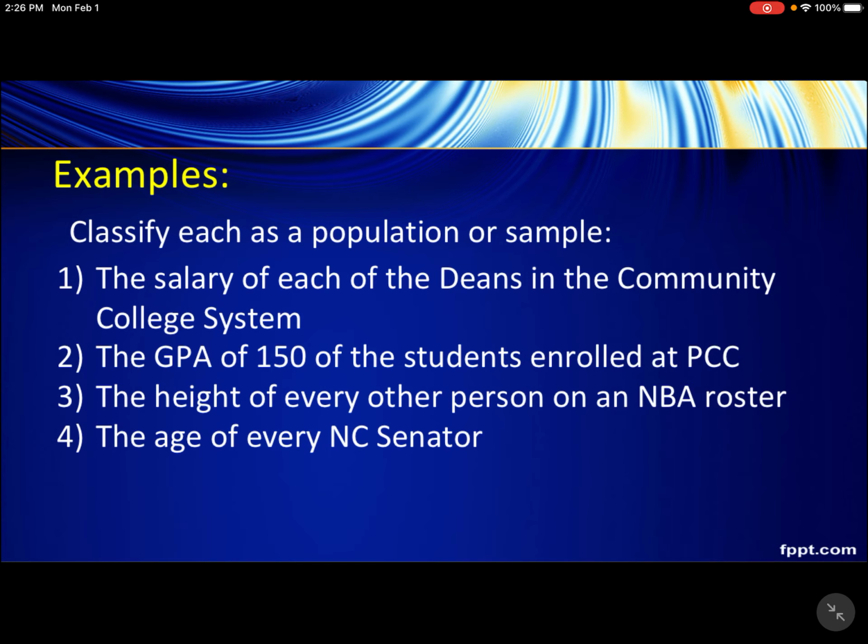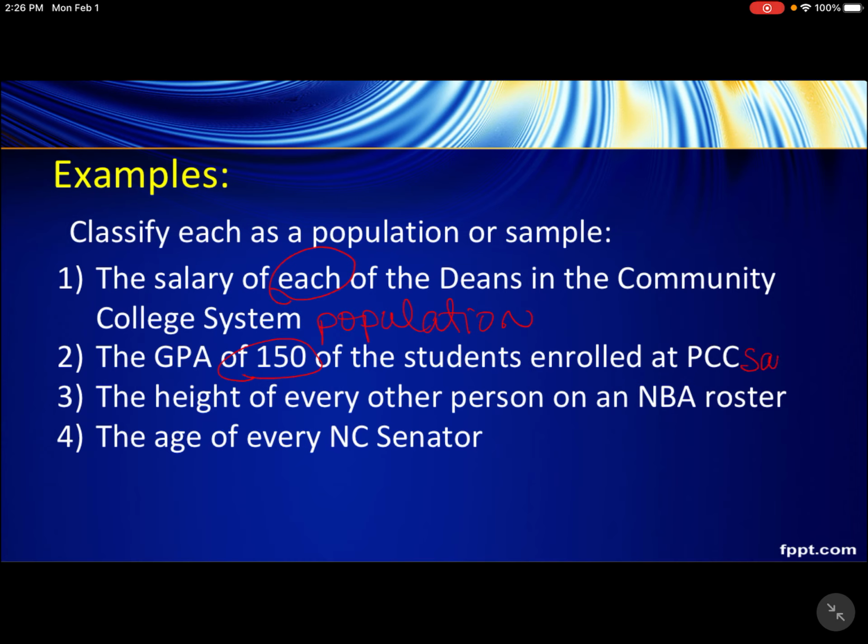So when we look at a couple of examples, just to identify whether we're talking about a population or a sample: the salary of each of the deans in the community college system. We're going to look at some intricate words here. In this case, it would be the word each. So that tells you that we're dealing with the whole population. The GPA of 150 of the students at PCC, there are obviously more than 150 students at Pitt Community.